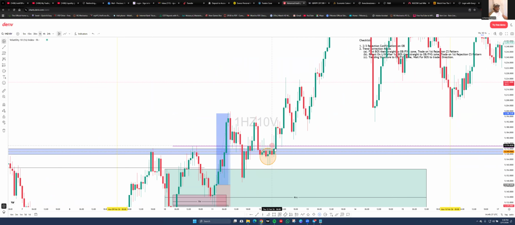You see? So it did all of that and later closed here. So you could take this as well as your third leg of the 1 hour and trade your low, your shoulder, your head, and your shoulder, but this is inverted. And you take your trade here as well.